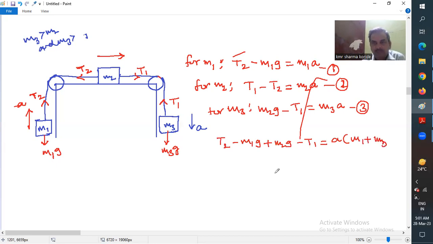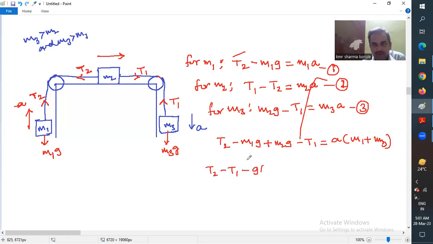Now let us write T2 minus T1 is equal to, take G out common.